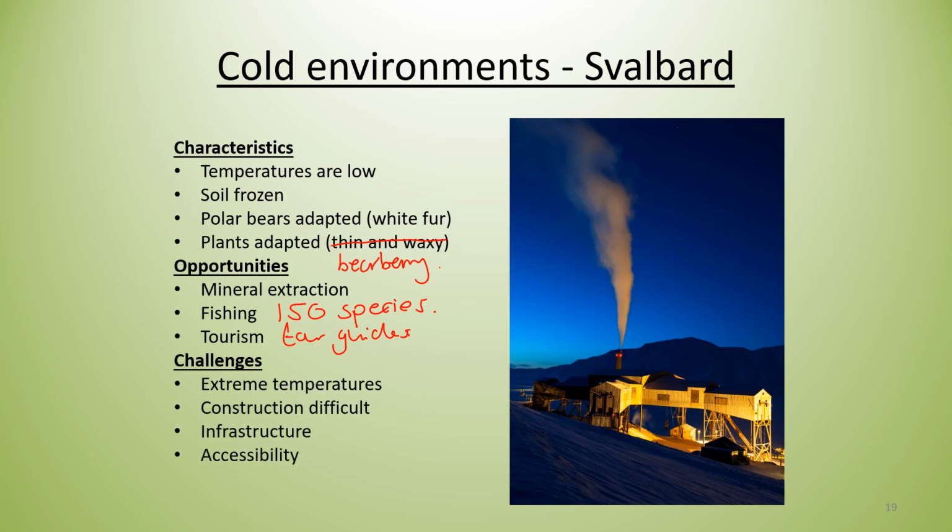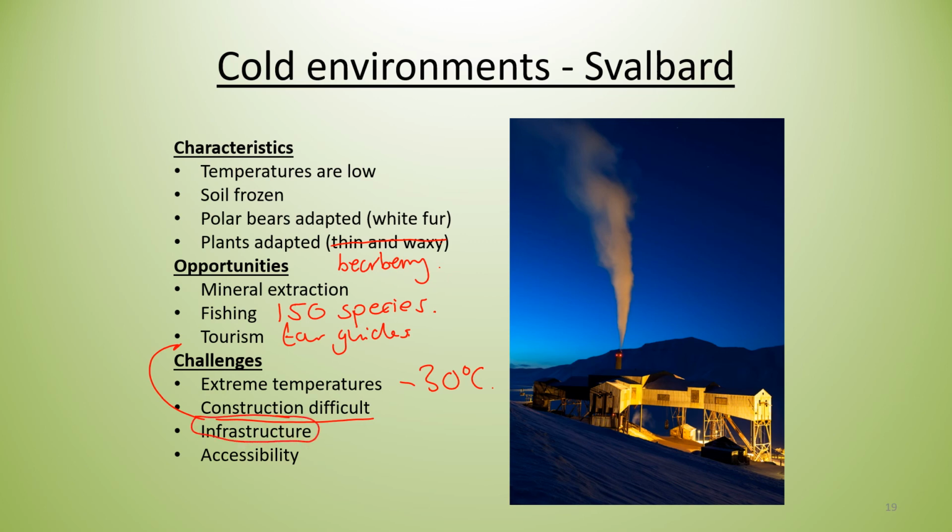What are the challenges though? The challenge is that it's extremely cold. It can be up to minus 30 degrees Celsius. And that makes construction quite difficult because if the ground's frozen, it's going to be very difficult to build things like hotels for the tourists. That limits tourism. The infrastructure is also difficult.